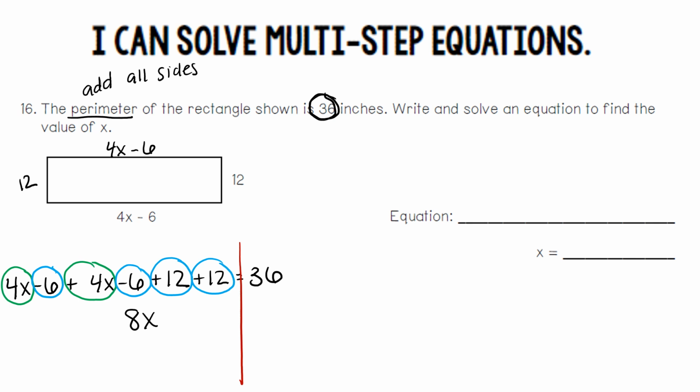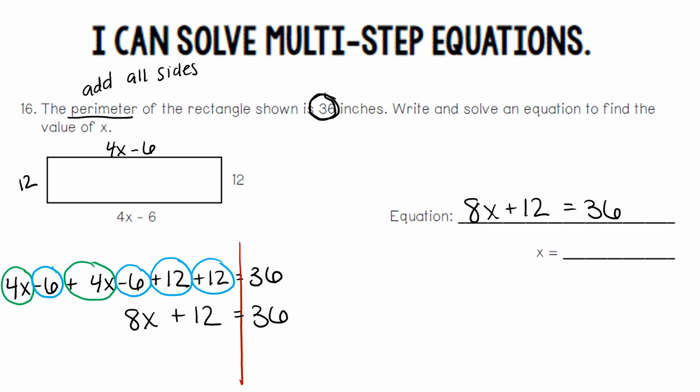Combining -6, -6, 12, and 12 gets us an answer of 12. And the equals 36 does stay the same as our answer. So our equation is going to be the 8x plus the 12 equals 36. That is our simplified problem.